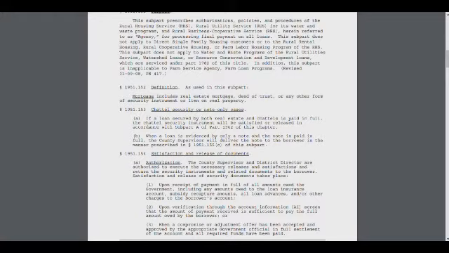1951.153 Chattel, security, or note only cases. A. If a loan secured by both real estate and chattels is paid in full, the chattel security instrument will be satisfied or released in accordance with Subpart A of Part 1962 of this chapter.